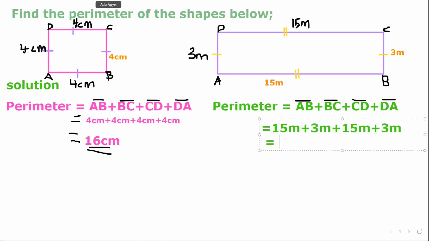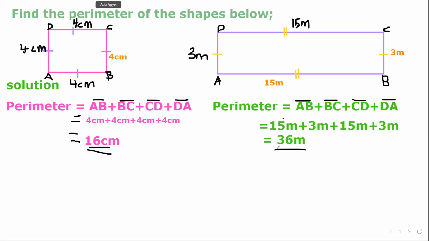Now when you add them, 15 plus 3 plus 15, so 15 plus 15 will give us what? 30. 3 plus 3 is also 6. So now we have 30 plus 6. So we have 36 meters here. Good. So therefore, the total distance around this shape is 36 meters.